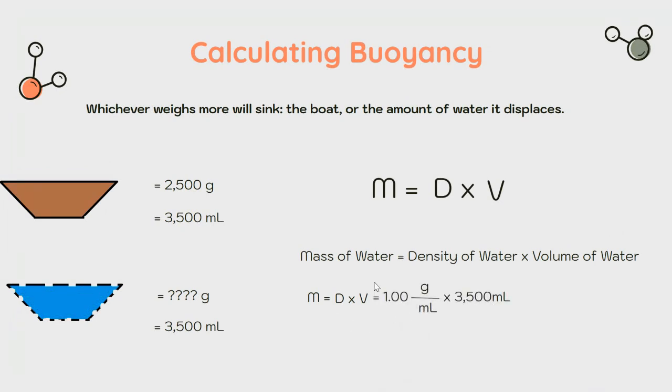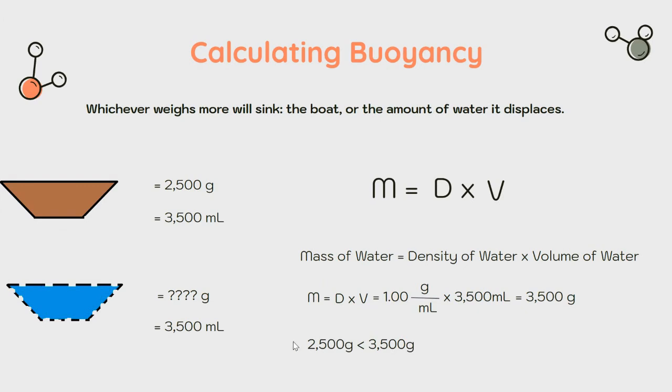I'll plug in my density of water here, 1.00 grams per milliliter, and I'll multiply it by the volume of water that's being displaced by the boat, 3,500 milliliters. Now this problem's kind of silly. It's just 3,500 milliliters times 1. But notice that the units of milliliters here cancel. So we're left with the mass of water, 3,500 grams.